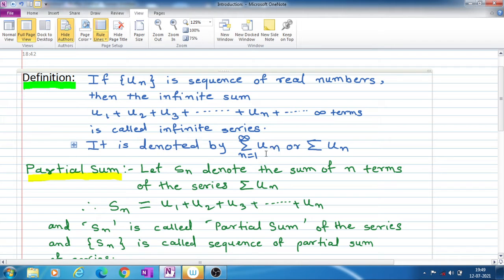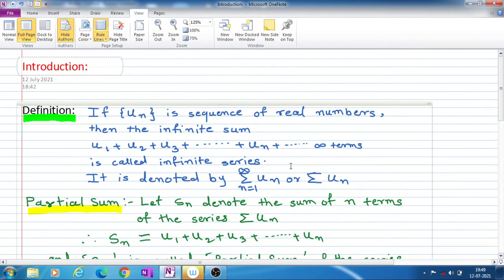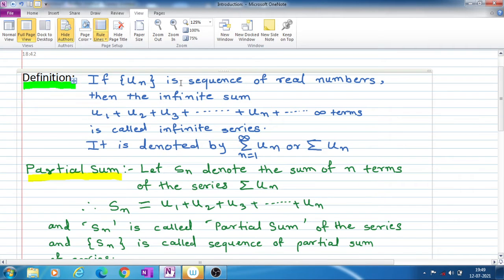Or if we write simply summation un, this means that it is over n is equal to 1 to infinity. You may write n is equal to 1 to infinity, or you may not write it. So this is a series, an infinite series.